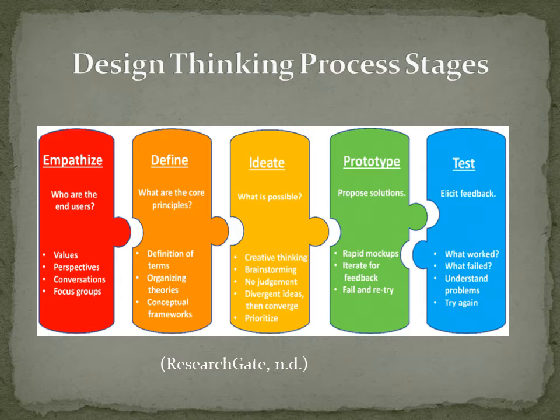So the empathize stage is where you look at identifying the end users and determining how and why people do things the way they do, and how they perceive the world, etc., which can be done through observation or asking the end users different questions in order to get information from them, either through conversations or during focus groups.